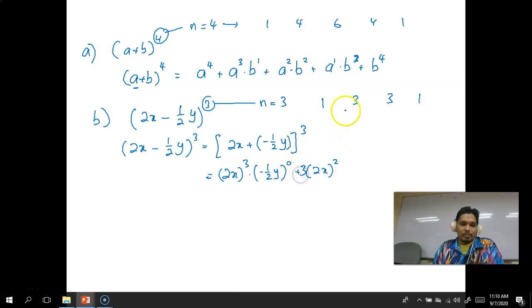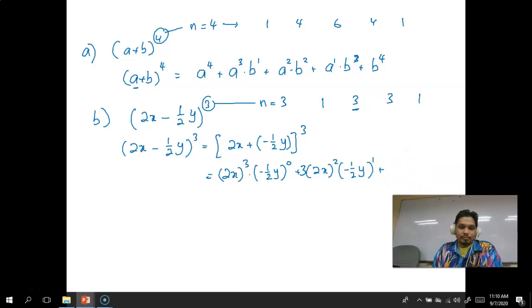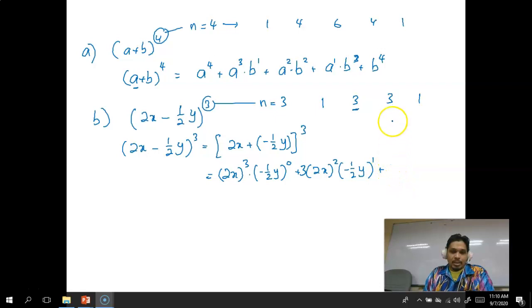We got 3 here, with 3 times (2x) squared and then (negative 1 over 2y) to the power of 1, plus another 3, (2x) to the power of 1, and then (negative 1 over 2y) squared, and then plus (2x) to the power of 0, and then (negative 1 over 2y) cubed. So this is 1, and this is also 1.